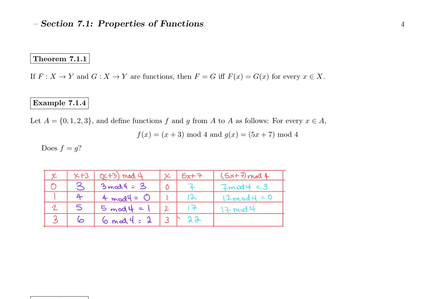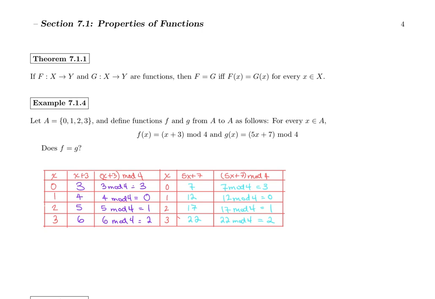17 mod 4 is going to be 4 times 4 is 16 with 1 as a remainder, so our mod is 1. And 22 mod 4, well, we can't do 4 times 6 because that's 24, but 4 times 5 is 20, so it would have a remainder of 2, so our mod is 2.